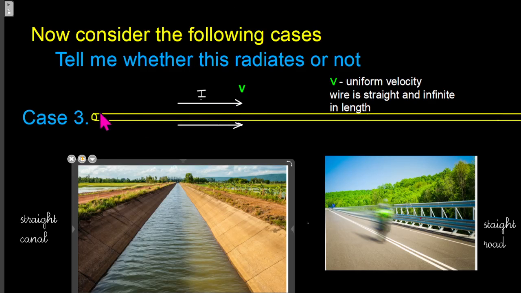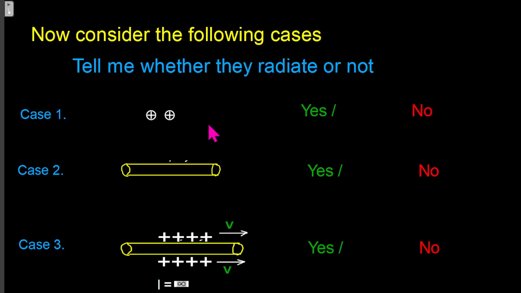The third case, you have a straight, infinite length conductor wire, and here you have the current, but it has uniform velocity, so it will not radiate. It is not a time varying one.